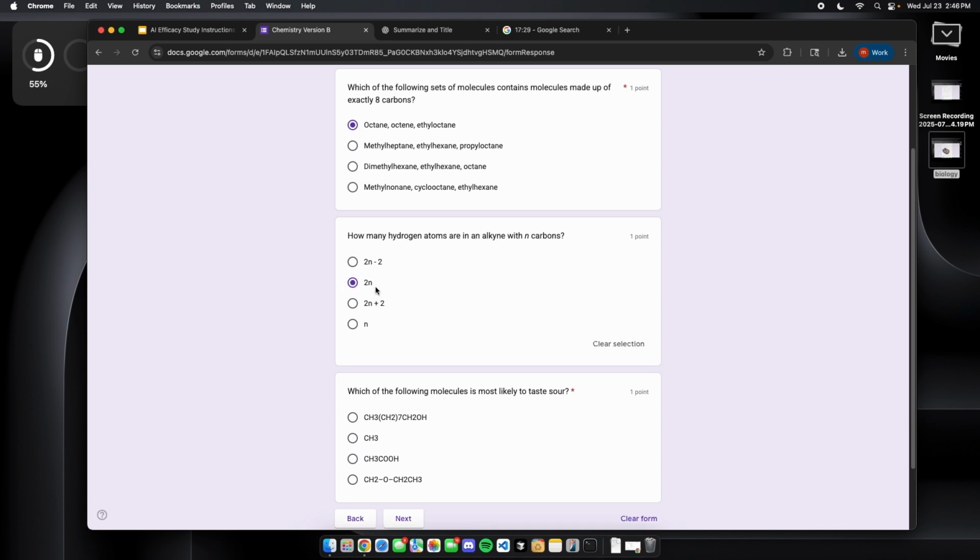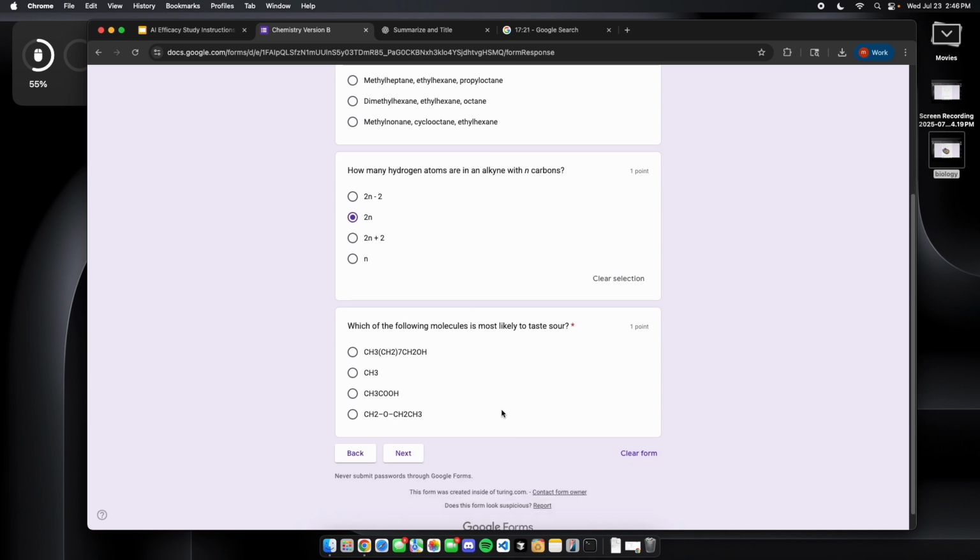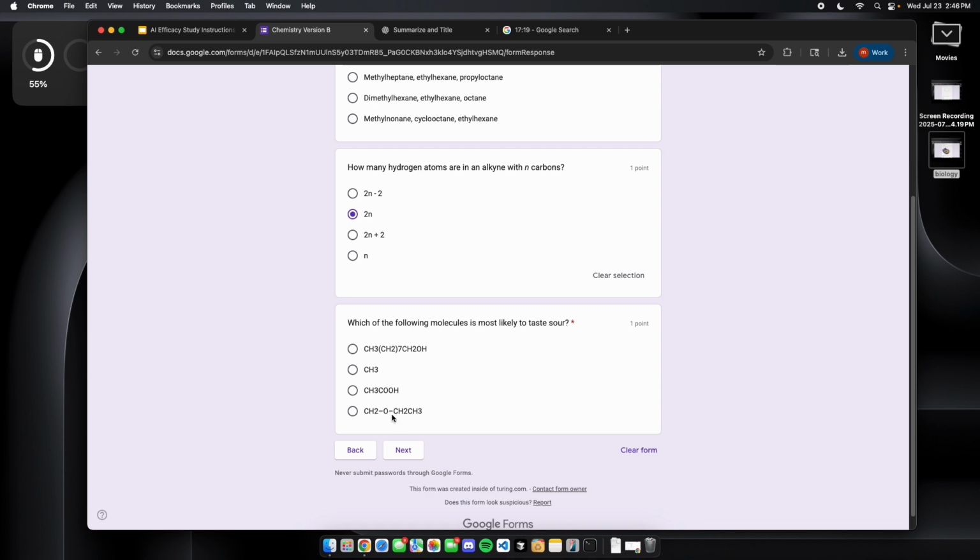It has to be n, 2n or 2n plus 2. Alkene should be 2n. Taste sour, I remember, was the one bonded with an H.